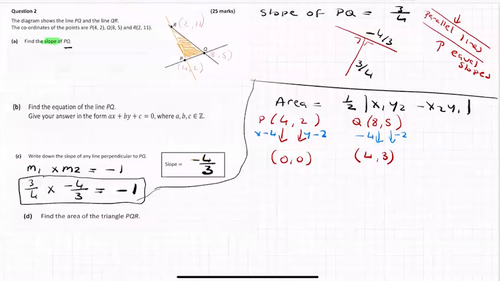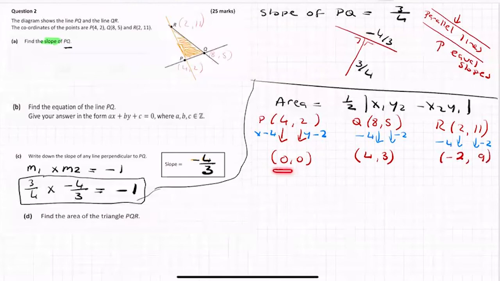Okay, we then take R, which is up there at (2, 11), and again we minus 4 off our x, we minus 2 off our y, and we end up getting 2 minus 4 will bring me to minus 2, 11 minus 2 brings me to 9.